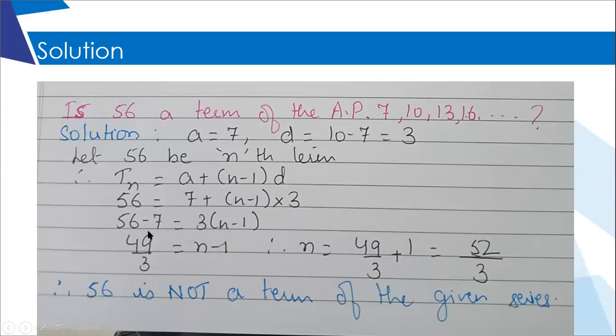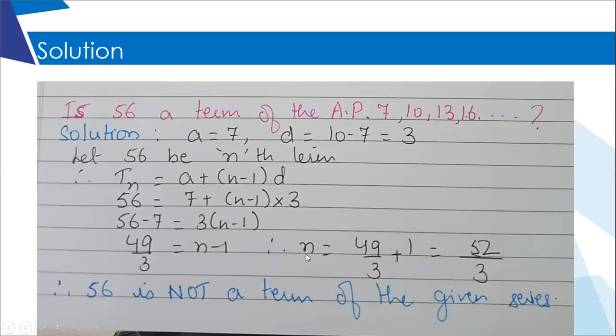After solving this, you will get n as a fraction. If you are getting n as a fractional value, which I am getting over here, that means 56 is not a term of the series, because n is the position of the number. First place, second place, and position or place cannot be fractional.